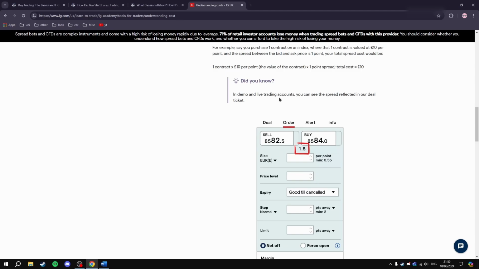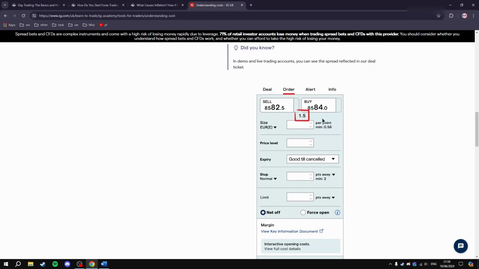Did you know in demo and live trading accounts, you can see the spread reflected in our deal ticket. So that plus that should be that, or that minus that should be that.